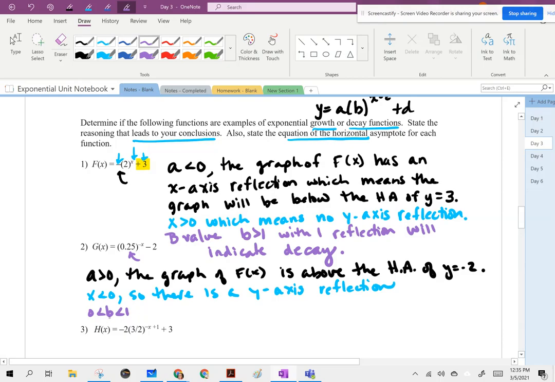So b is in between 0 and 1 with one reflection. So g of x, that should have been g right here, g of x indicates growth.